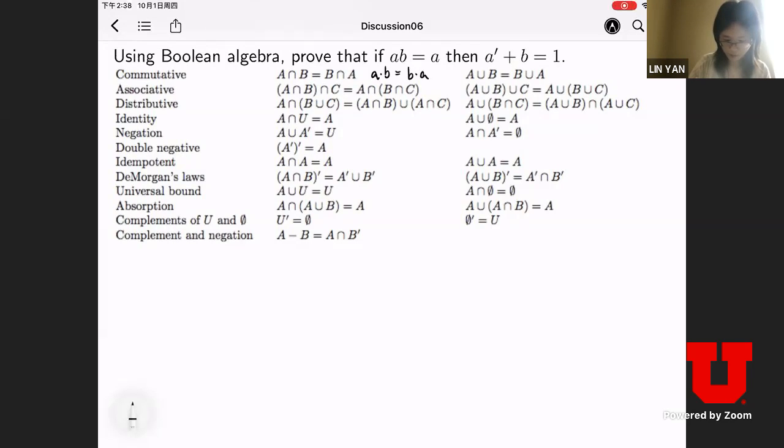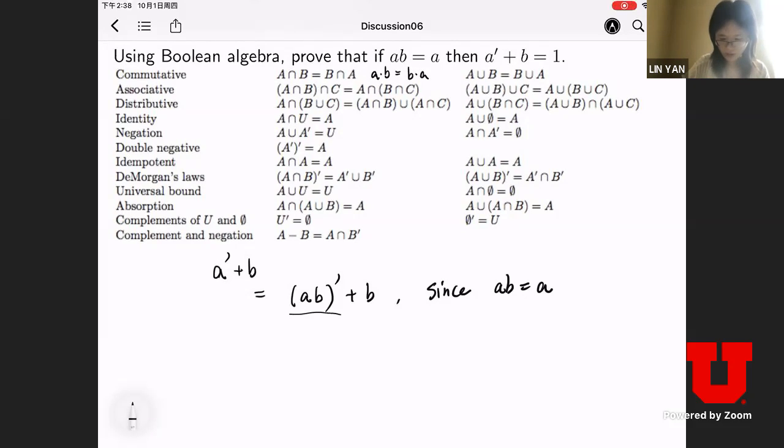Okay, let's start with not A or B. It is equal to not (A and B) or B, and this is because A and B is equal to A. For these items, we can use De Morgan's law.